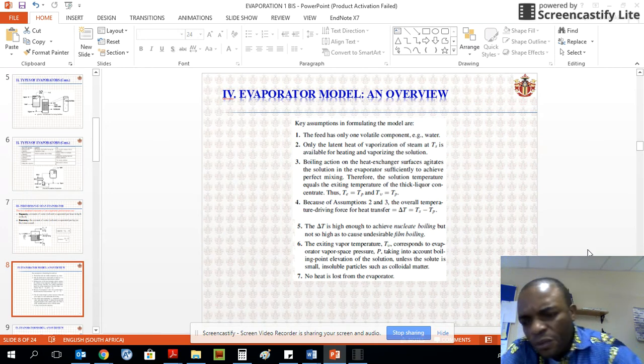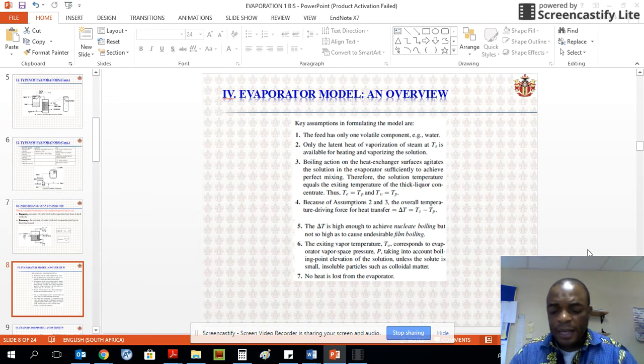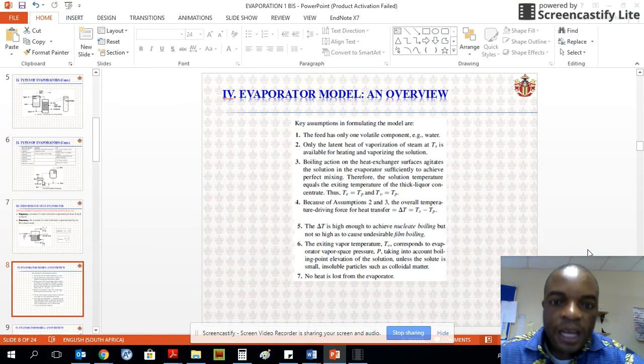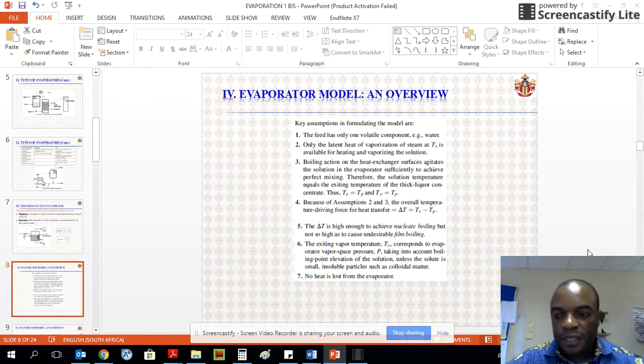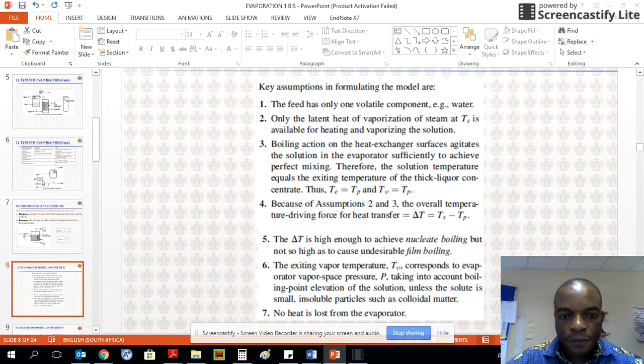Some students among you had already that opportunity of studying in S3 or S4, but since you have the right to forget, I'm going to refresh your mind. Now, there are some assumptions which one has to bear in mind when using the set of equations that will be presented to you. So the key assumptions in formulating the model are as follows.